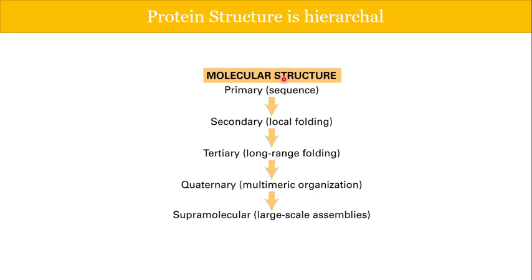Then we have the secondary structure, associated with local folding, giving structures like the alpha helix, the beta sheet, and a few turns and loops.